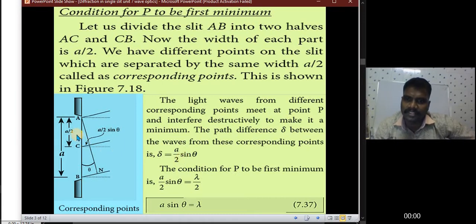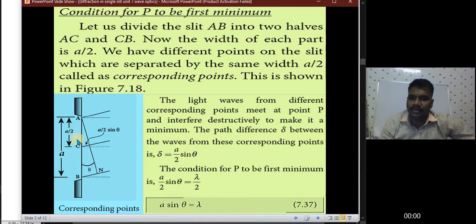Here the hypotenuse is a by 2, and the opposite side is del, which represents the path difference. So sin theta is equal to del divided by a by 2.